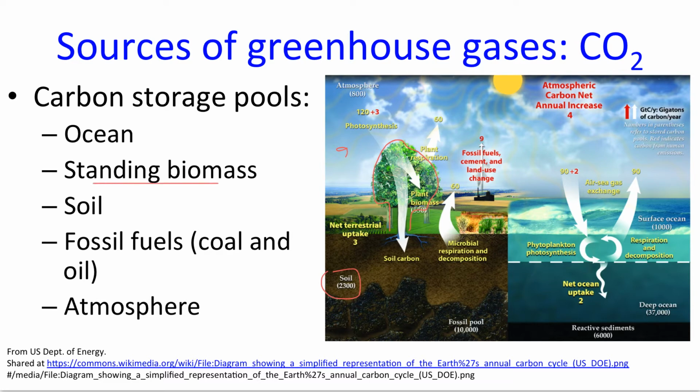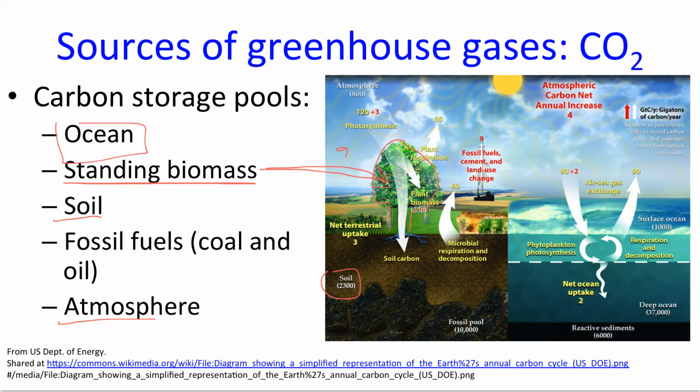Before we move on, let me just specify standing biomass. What we're really referring to is living or dead plant material that hasn't been broken down. So this would be standing biomass right here. In addition to soil, standing biomass, and the atmosphere, we also have carbon stored in the ocean.